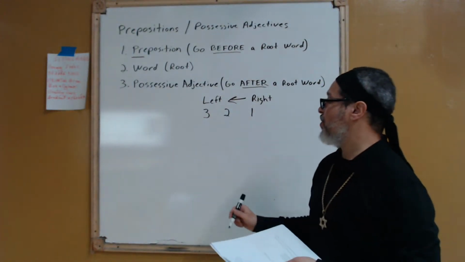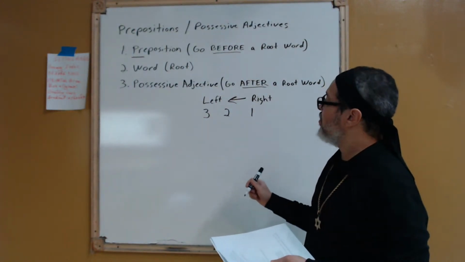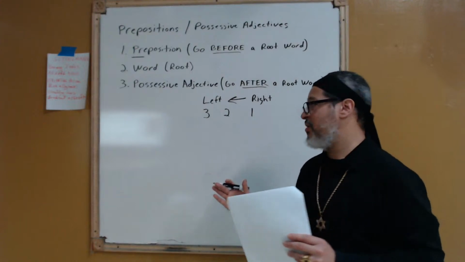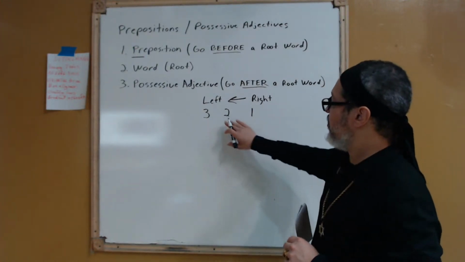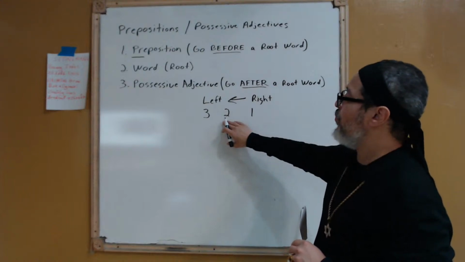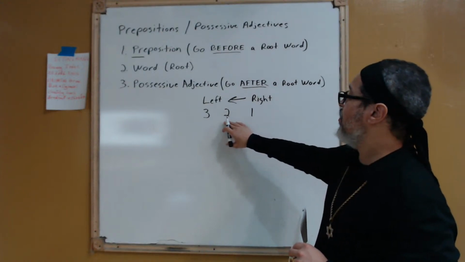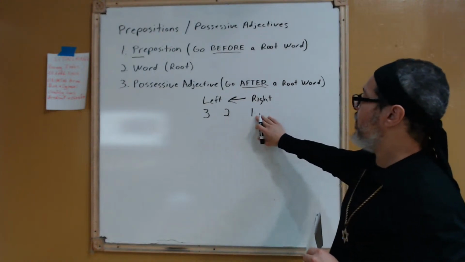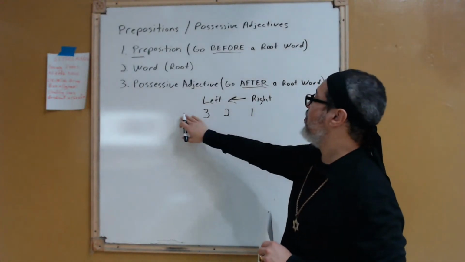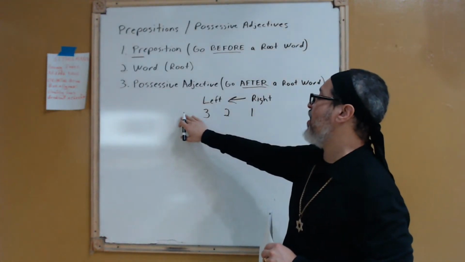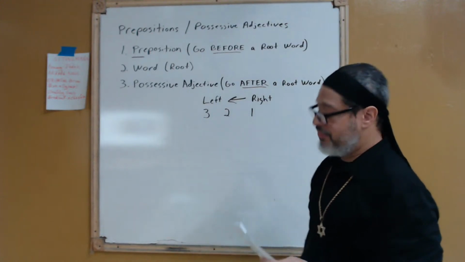So many times when you're learning Hebrew or reading it, you're going to see big words. They actually all combined as the letters. Usually the root is in the middle. This right here would be the preposition. This right here would be the possessive adjective that follows after.